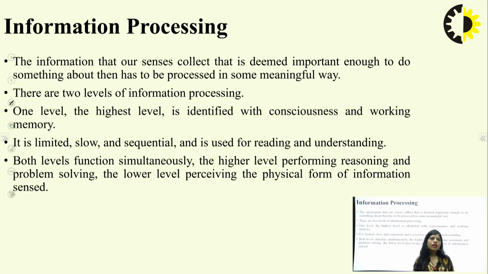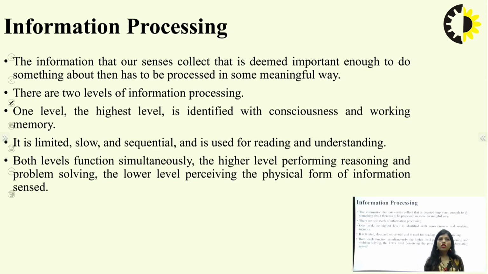Next characteristic is information processing. Information processing is how we process our information. The information is collected through sensing through the environment, from the surrounding, from the locations. From that we collect our information and store it as a buffer through the sensory storage.